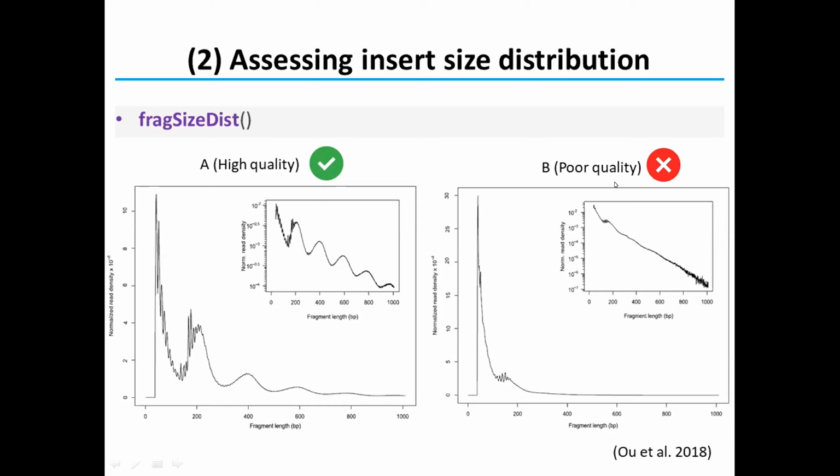On the right is the size distribution for a poor quality ATAC-seq library. Basically, you can barely see fragments greater than 200 bases. This is probably due to over-transposition of the chromatin.